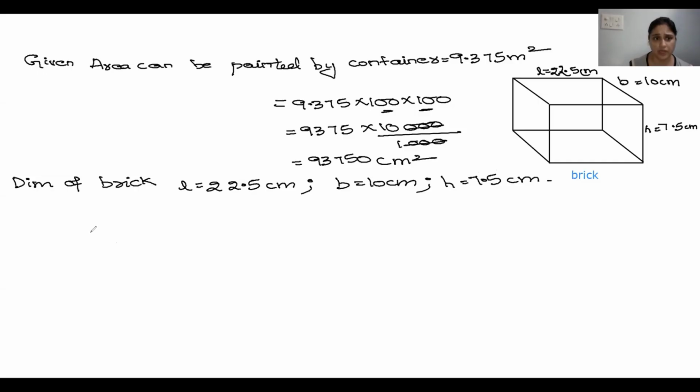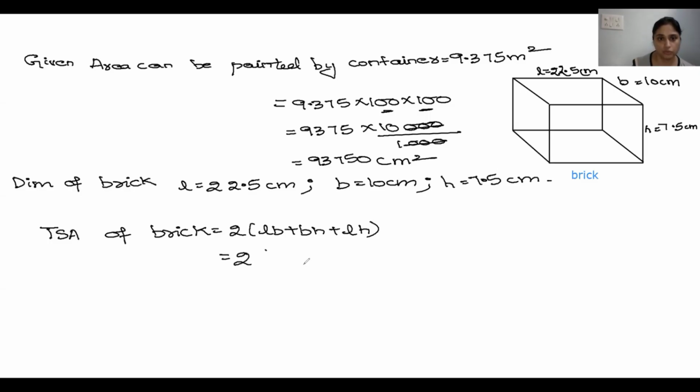Now how can we do that, बच्चा? TSA of brick is equal to 2 into LB plus BH plus LH, right?